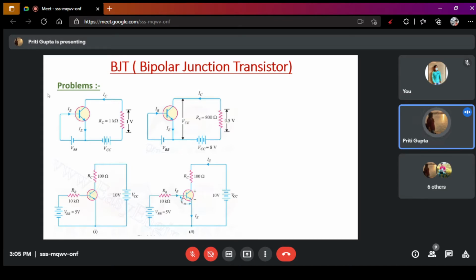Find the base current for CE configuration.